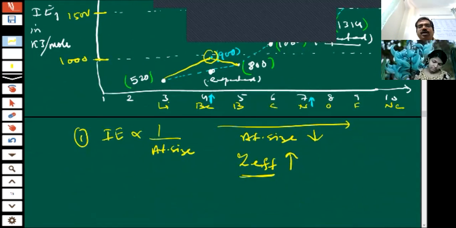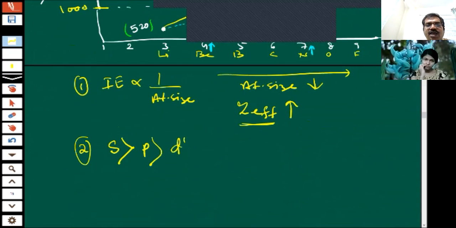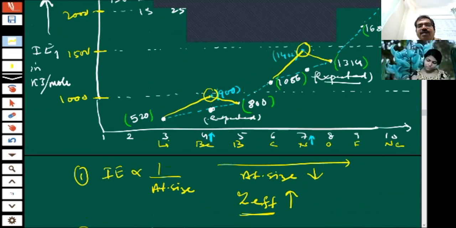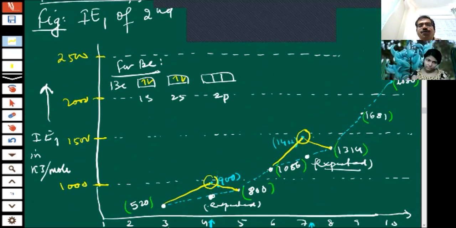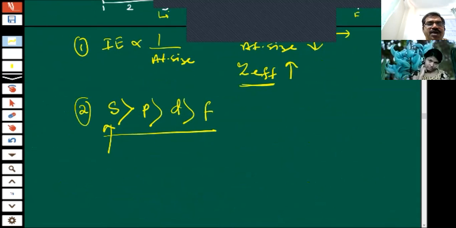Children, today I told you one reason that it is difficult to remove an electron from s, then p, then d, and then f. Did you remember? Yes, sir. So in beryllium, if you want to remove an electron, from where are you removing? 2s.